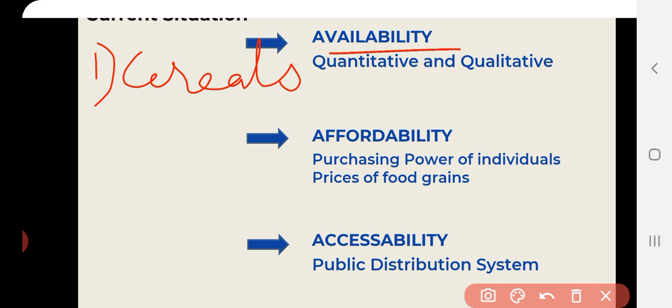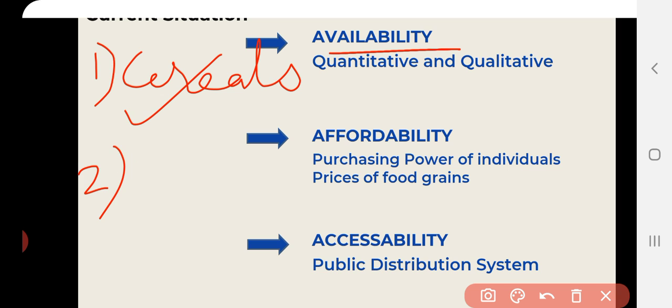Under this category, different types of grains come: wheat, rice, maize, millets like sorghum, which means jowari, and millet, which means bajri. These are the grains which come under the category of cereals.